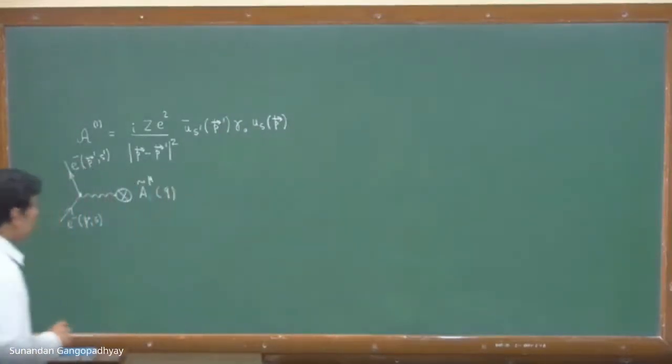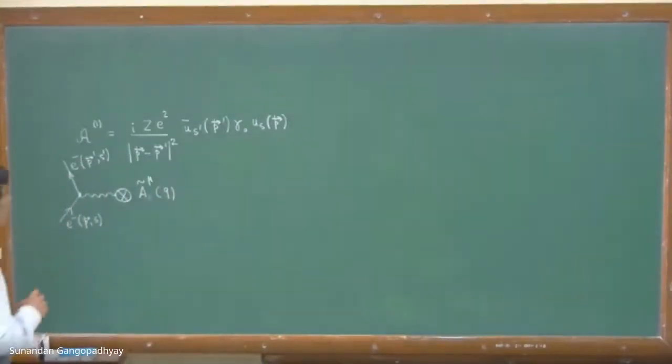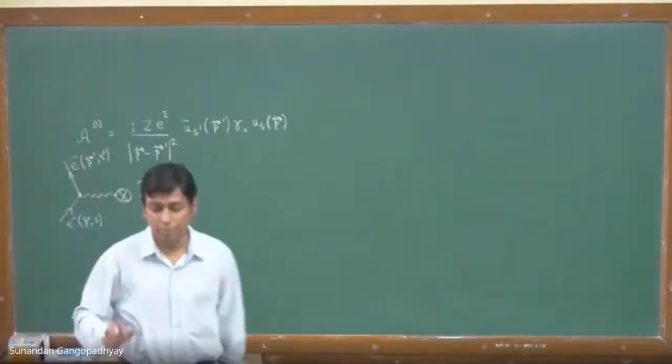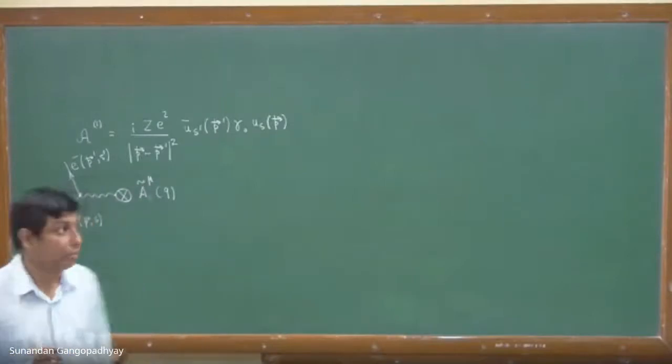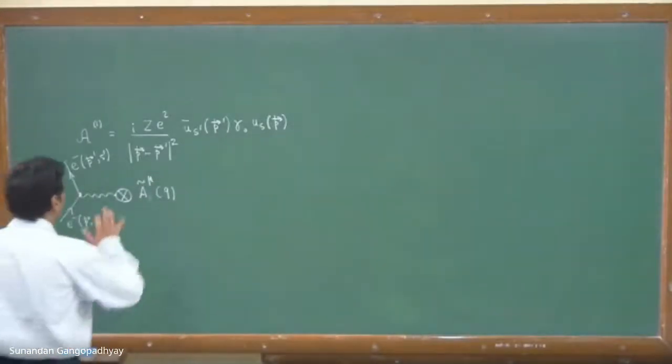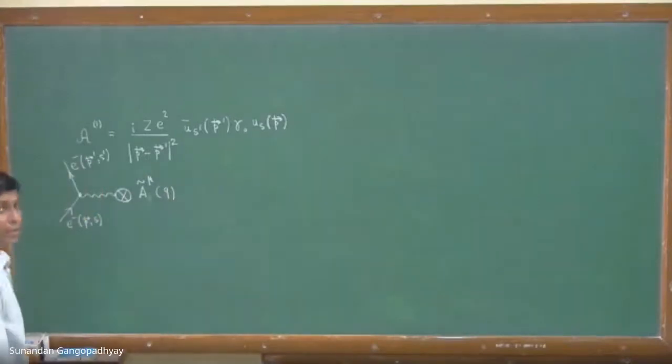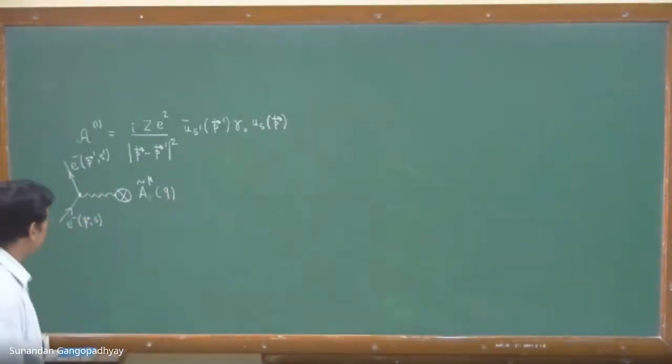But in that calculation we assumed the non-relativistic limit, where things simplify a lot, and from there we derived the Rutherford formula.